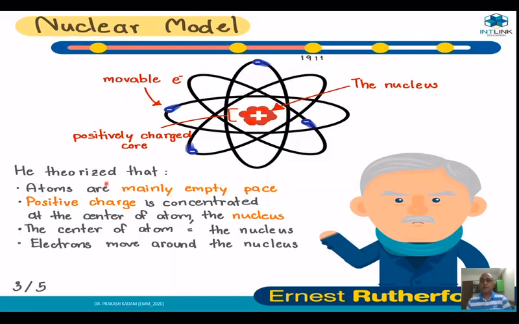He theorized that atoms are mainly empty space. The main positive charge is concentrated at the center of the atom, and it is called the nucleus. And surrounding this nucleus, the electrons move.